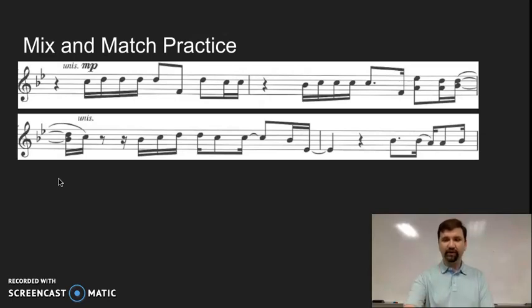3, 4E. Say the whole measure starting on beat 1. Ready, go. 1, 3, 4E. Let's do the second line now. Both of these measures.